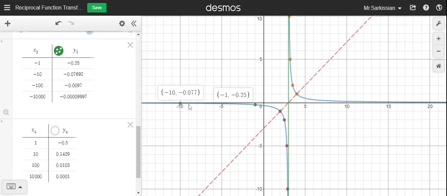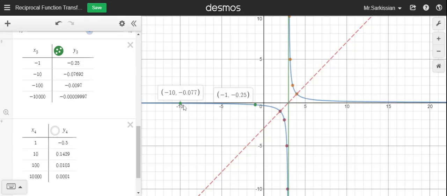The y coordinate becomes closer to 0. And if you select negative 100 or negative 10,000, you see the y values are extremely close to 0, but negative. Negative means the points are below the x-axis. So as x approaches negative infinity, the value of y approaches 0 from below the x-axis, basically.